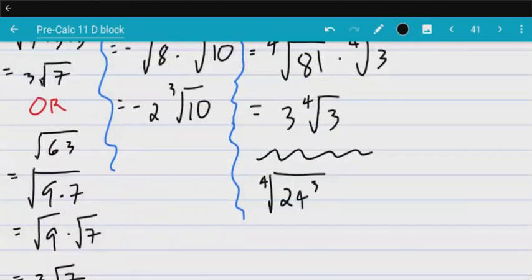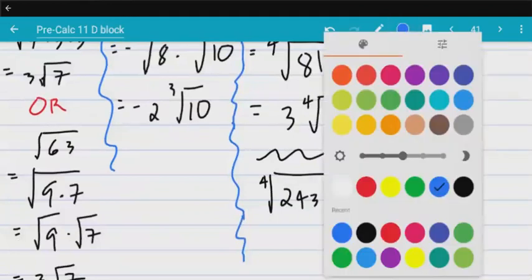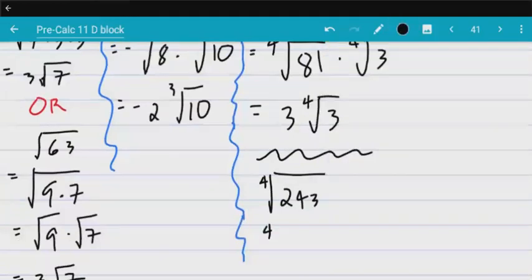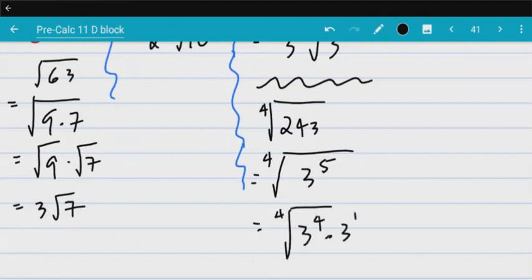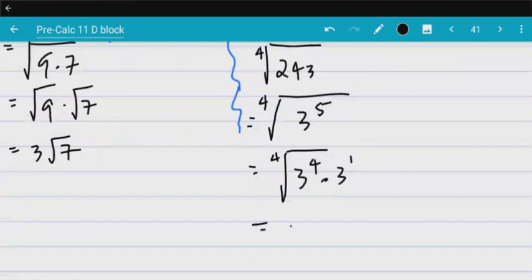If you're good with your times table and your exponents, you probably would have seen that 243 is 3 to the 5th, right? 3 times 3 is 9, times 3 is 27, times 3 is 81, times 3 is 243. Now, if you're thinking, so what's the point? Well, you can split it up into this one right away, which is what I do. Or you don't need the one on top.